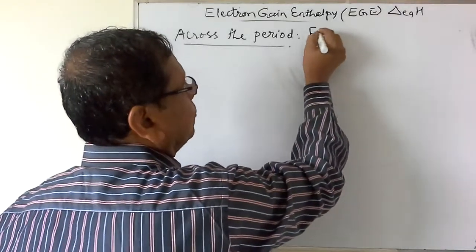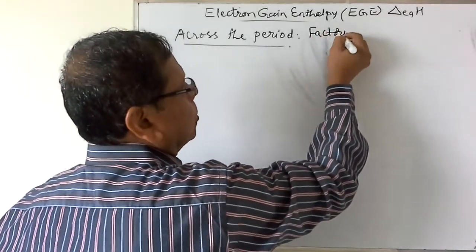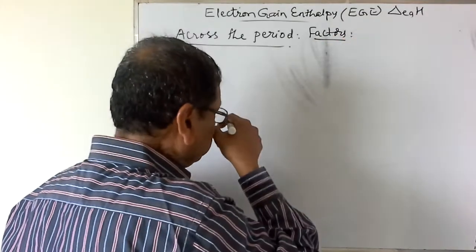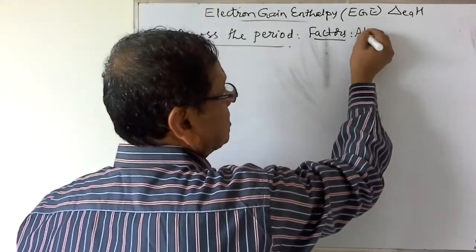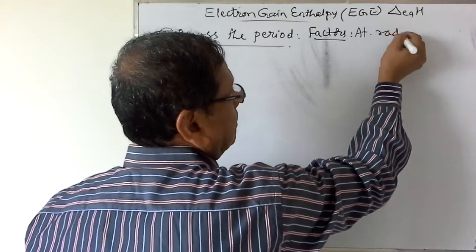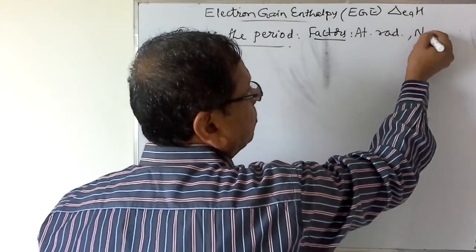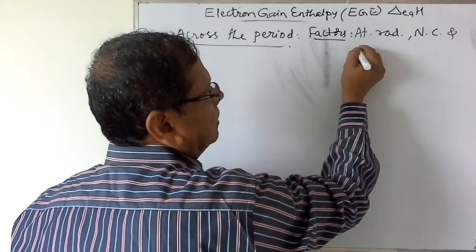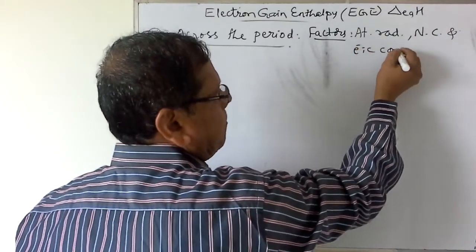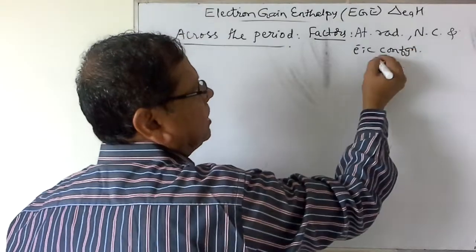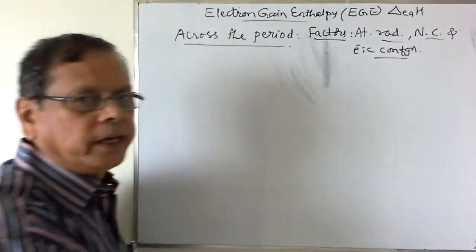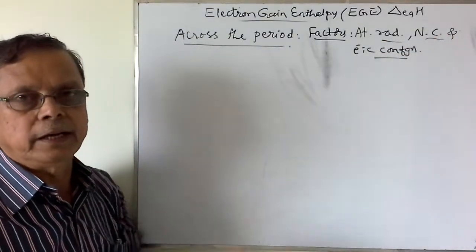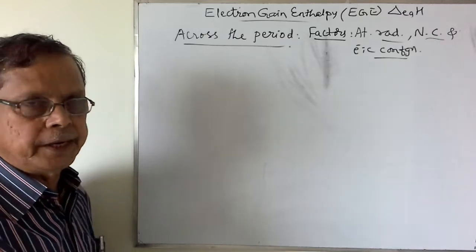Those factors, if you recall, are atomic radius, second one nuclear charge, and the third one is the electronic configuration. So by considering these three factors, we can explain the variation of the electron gain enthalpy across the period.